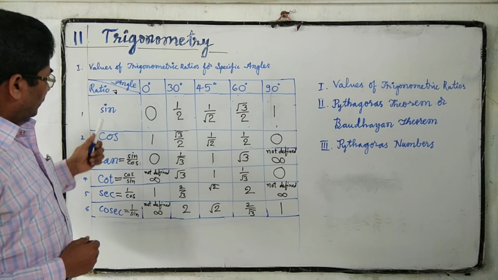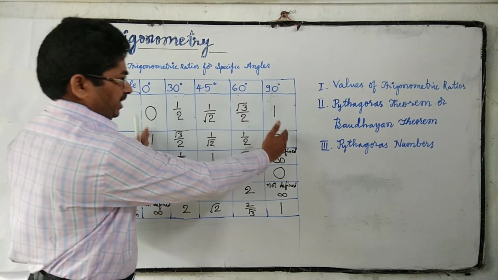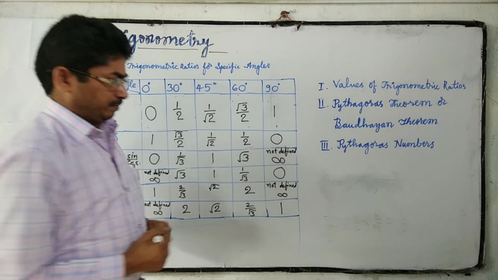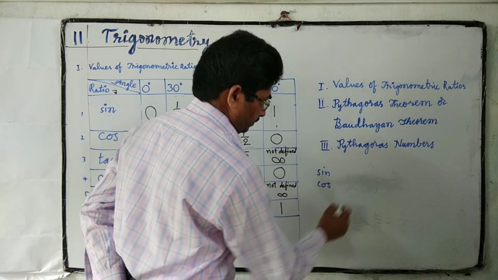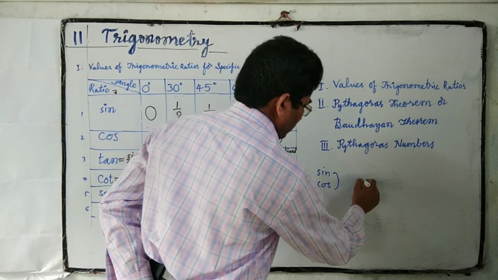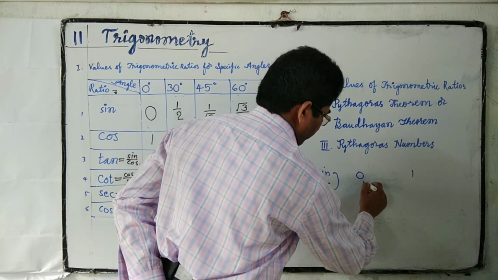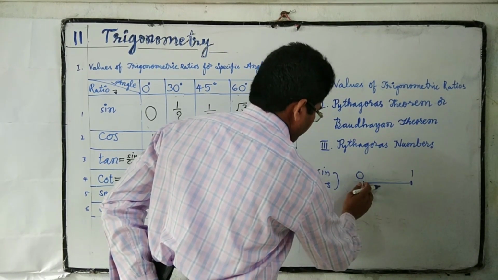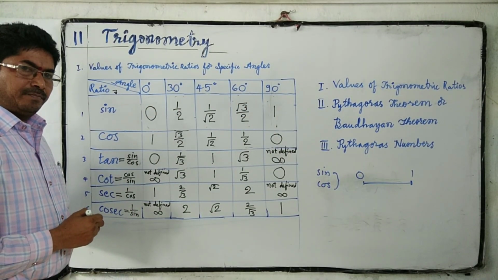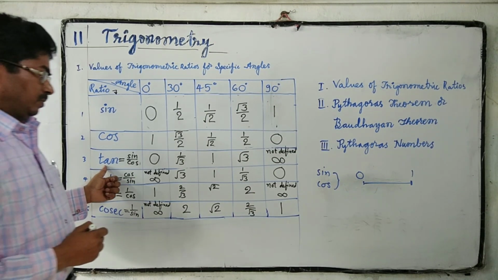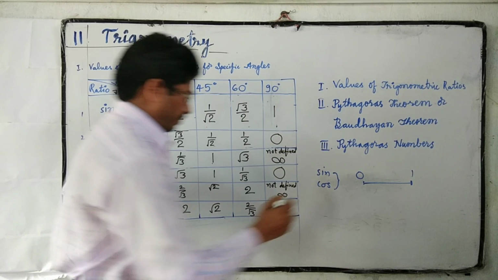The values of sine and cos always lie between 0 and 1. In case of tan, the values increase from 0 to infinity.